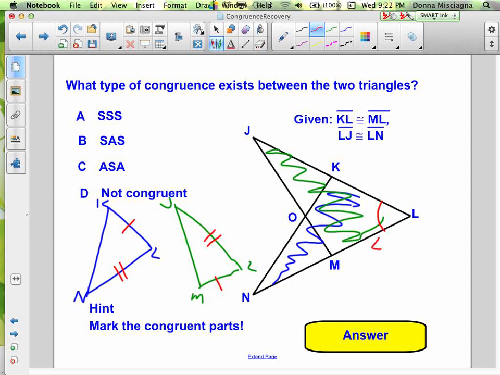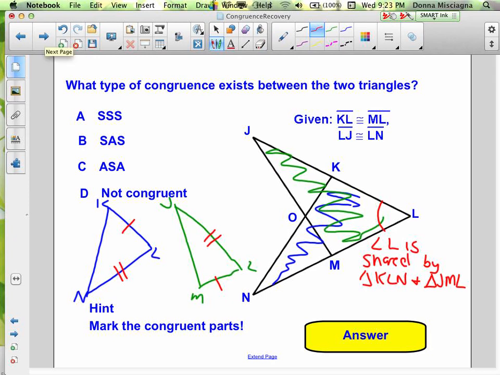So angle L, and I think this one's in your notes, is shared by triangle KLN and triangle JML. It doesn't really matter how I list it right now; we'll match them up if we figure out whether or not they're congruent.